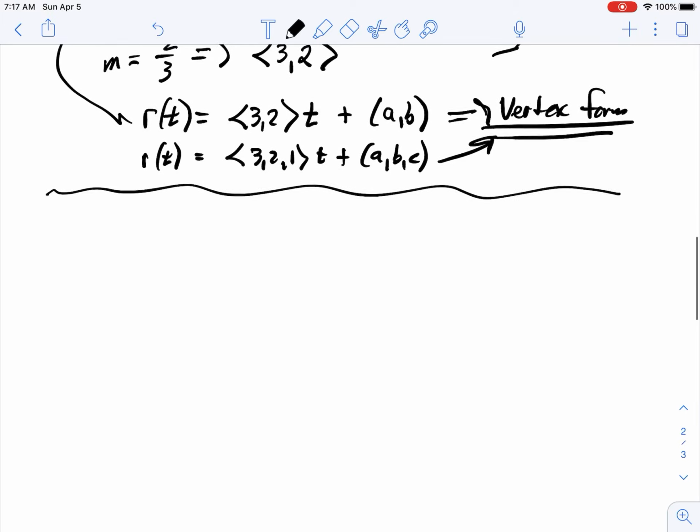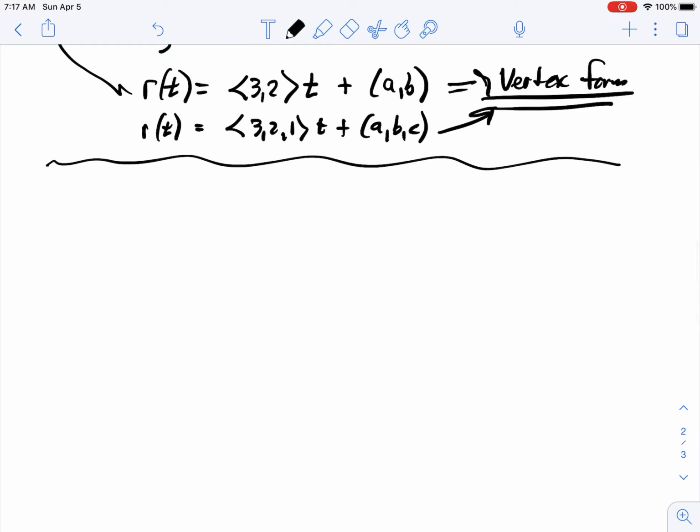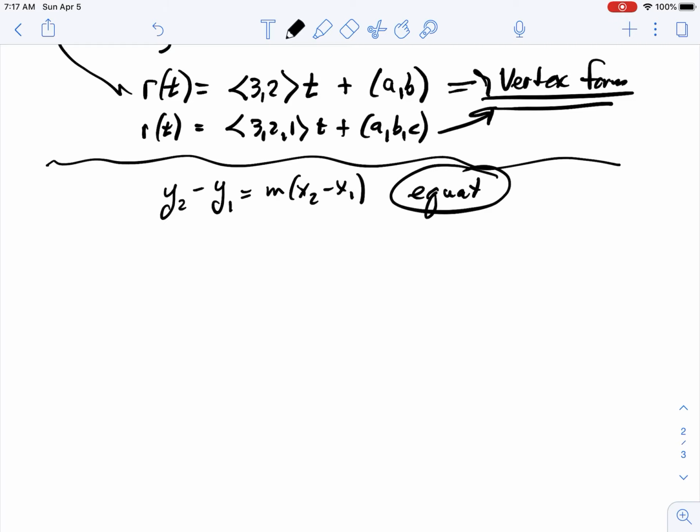So let's come back to some reality here of what we have to teach students in Algebra 1 and Algebra 2. So we have y2 minus y1 equals m times x2 minus x1. So therefore, again, we got the equation. Now from that, we have 2 forms.